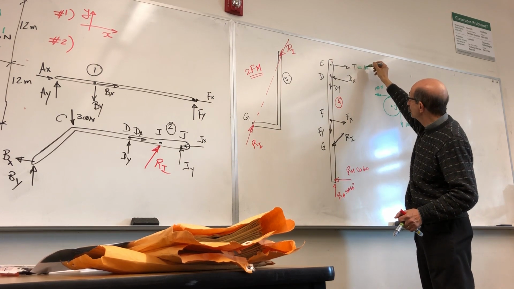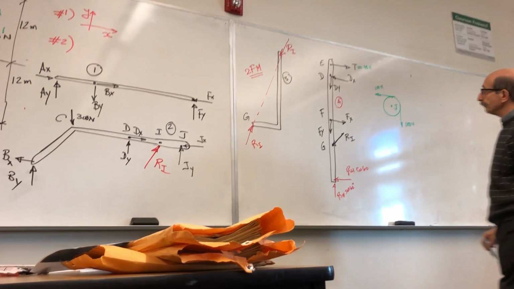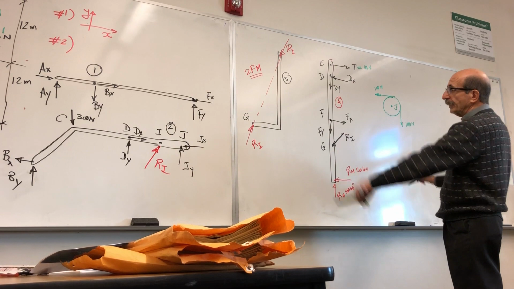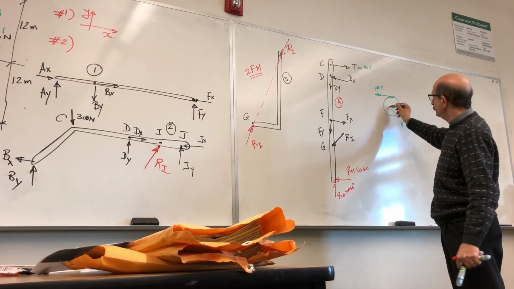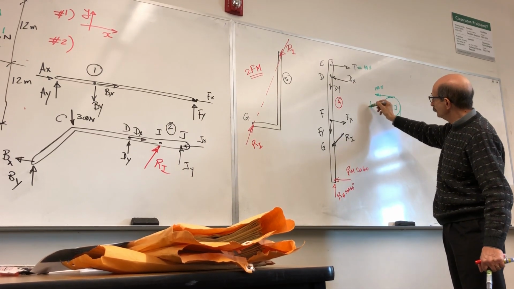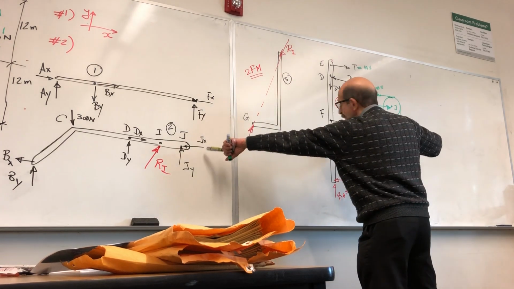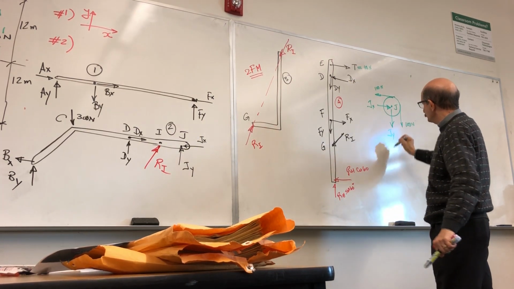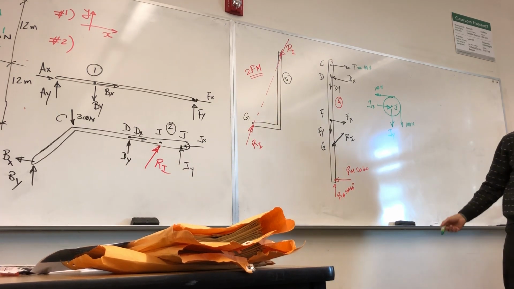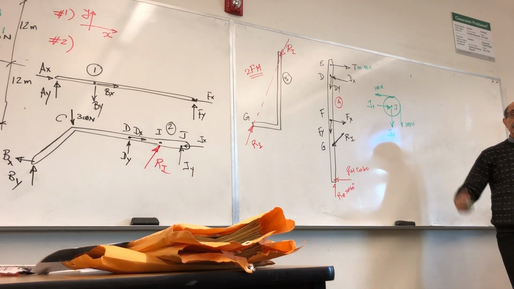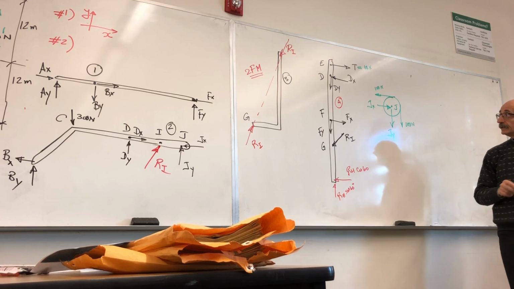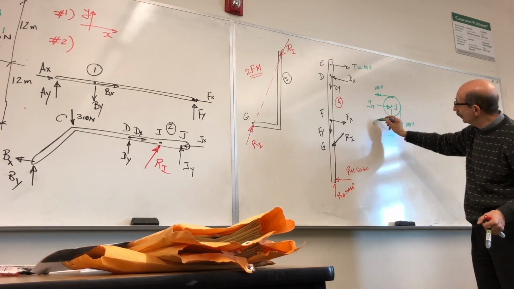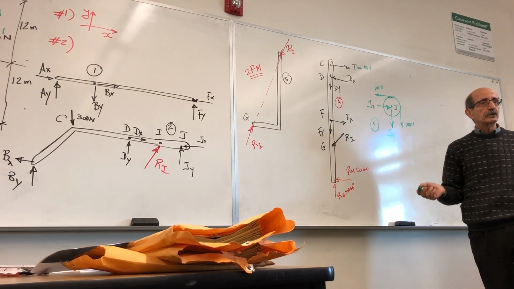And this is, of course, that same. So the forces at J would be in this direction, Jx, opposite to this, and I make the assumption that Jy would be in this direction. I'm not saying that the assumption is right, but that's what I assumed. So this is member number 5. Any more members left?